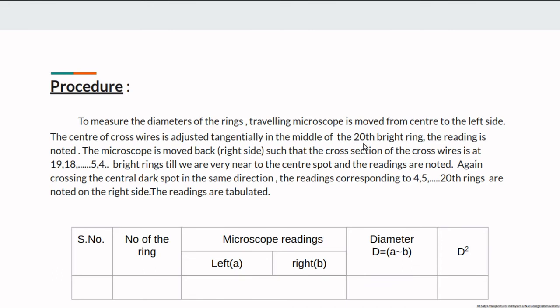First the crosswire is made to coincide with the 20th ring, next 19th, next 18th and so on up to 4 or 3, that is very near to the center.